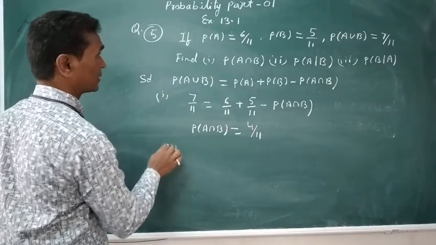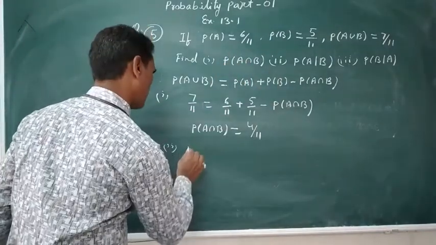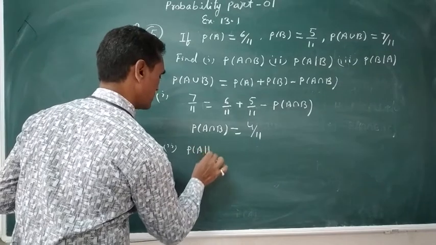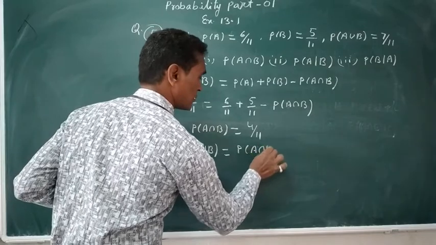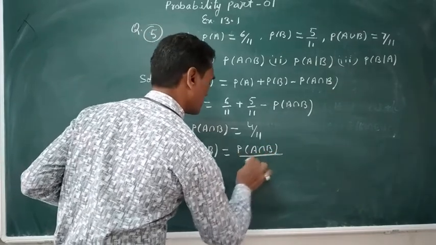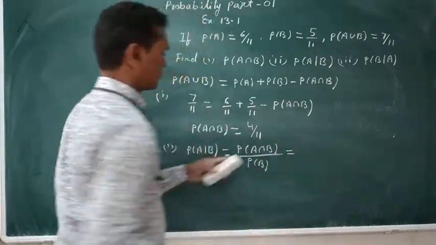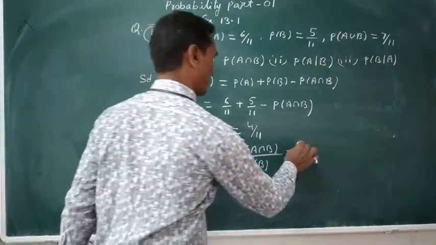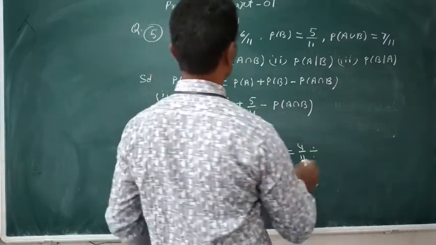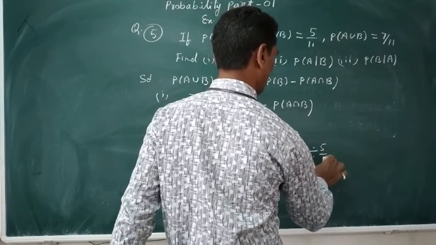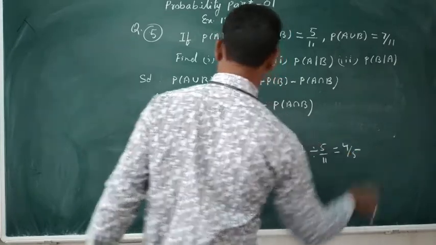Now for the second part. The second part is probability of A given B, which is probability of A intersection B divided by probability of B. Now we put in the values: 4 by 11 divided by probability of B, 5 by 11, that is 4 by 5.